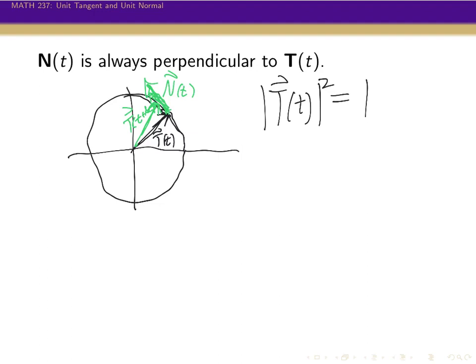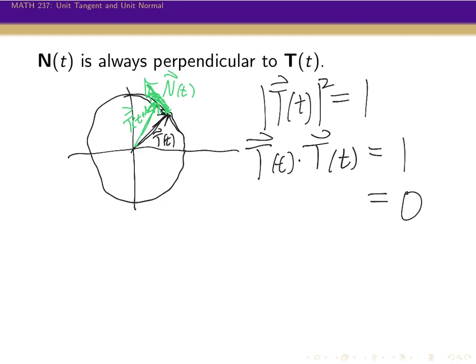Well, we can get the square of the magnitude of the unit tangent vector by dotting it with itself. Right? And now we're going to take the derivative of this. Okay? And so when I take the derivative on both sides, on the right-hand side, I'm taking the derivative of 1, so that's going to give me 0.